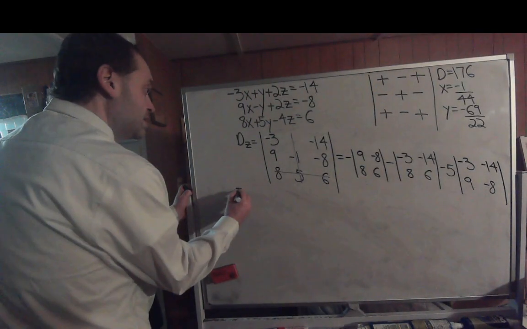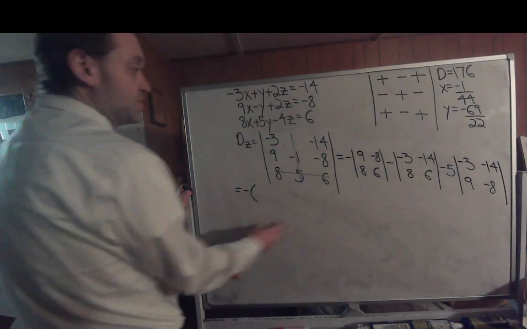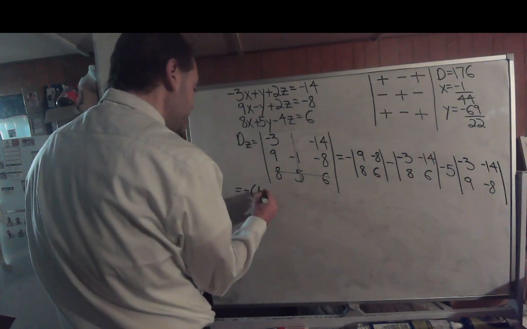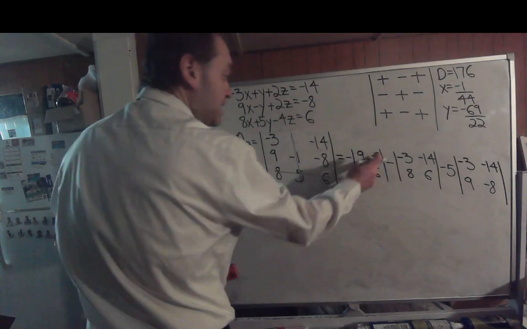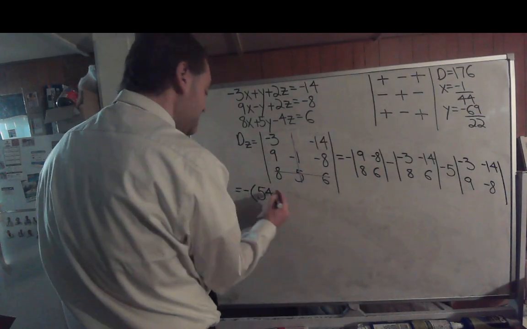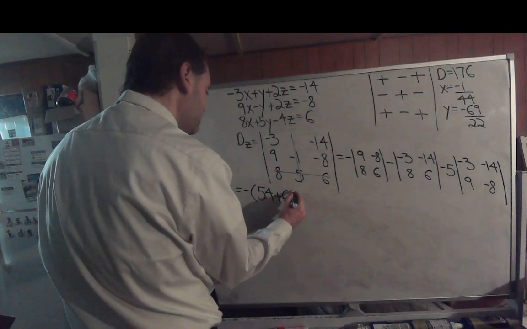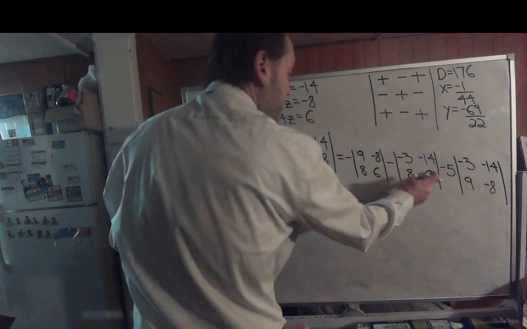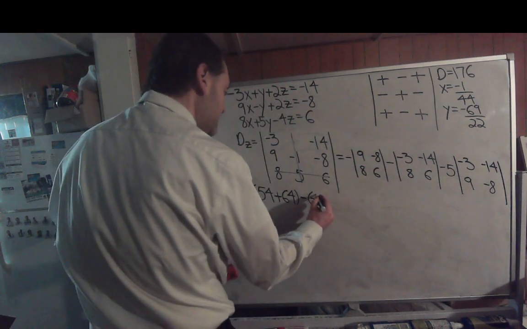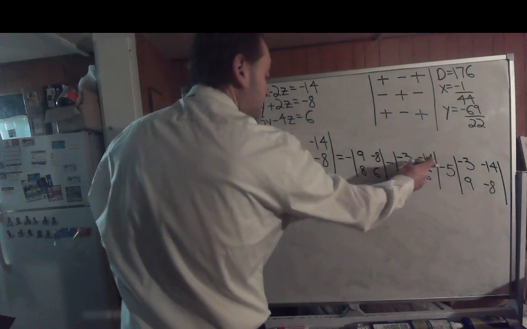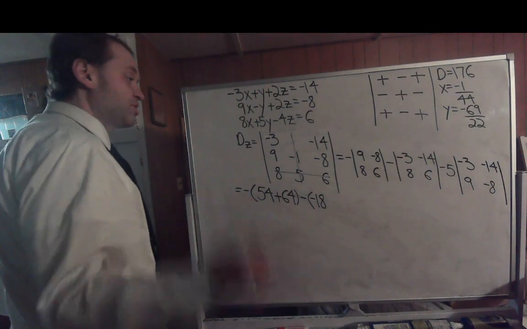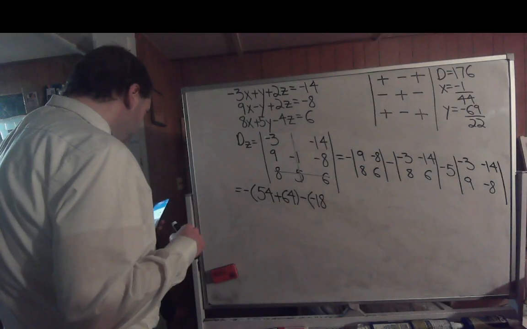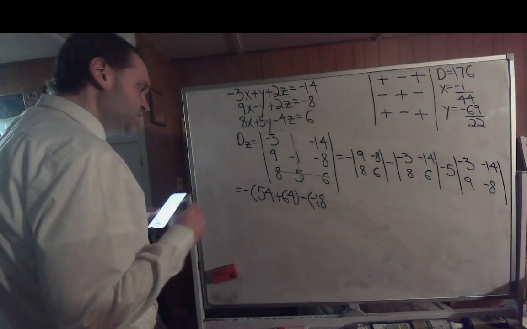So negative of your first determinant, 9 times 6 is 54, minus negative 8, that's plus 8 times 8, so that'll be plus 64. Minus your second determinant, negative 3 times 6 is negative 18, minus negative 14, that's actually plus 14 times 8, which I believe is 112. Let's just be sure.